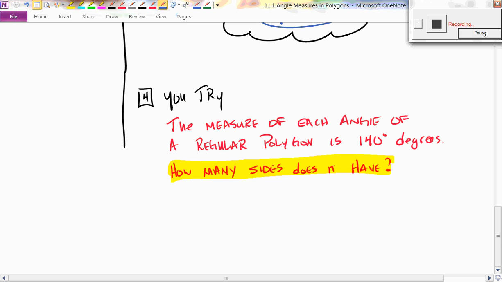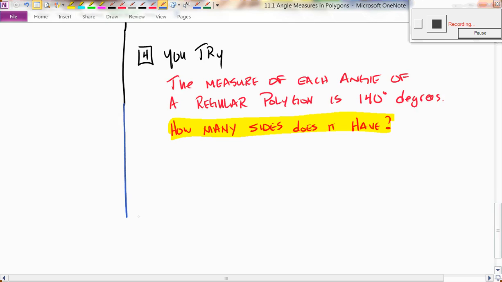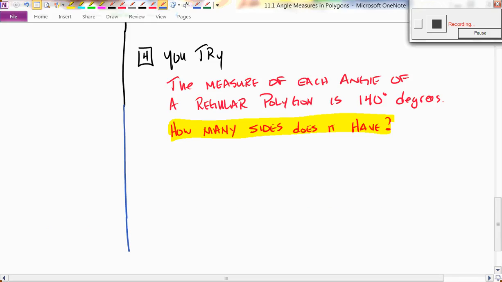Here's the question. If you know the measure of each angle of a regular polygon is 140 degrees, how many sides does it have? I'd like you to try and solve it on your own. You don't have to write the question now, but try to solve it. The question's asking: the measure of each angle of a regular polygon is 140 degrees, how many sides does it have?